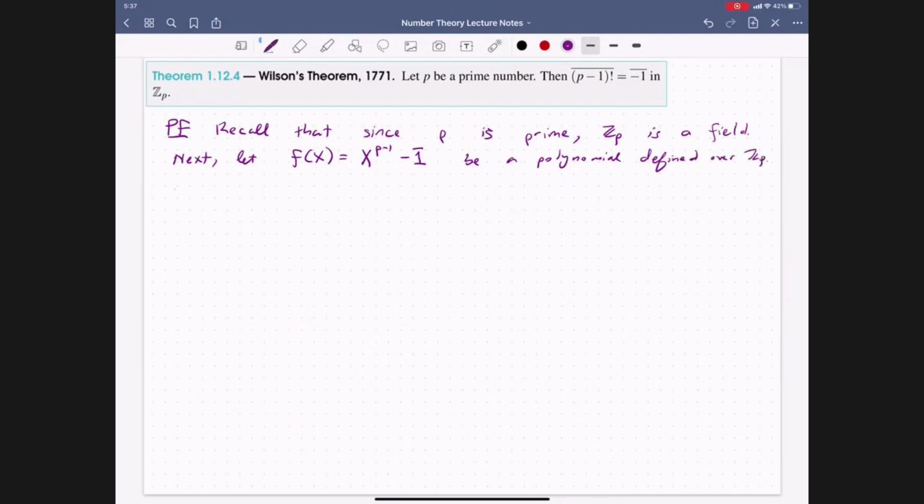By Lagrange's theorem, f of x has at most p minus 1 roots.